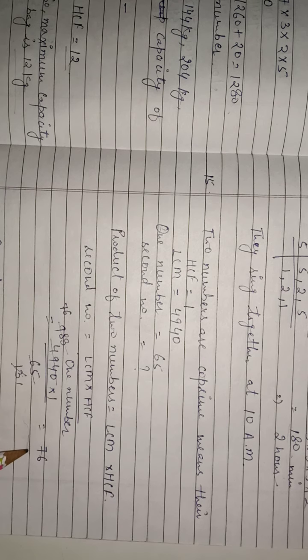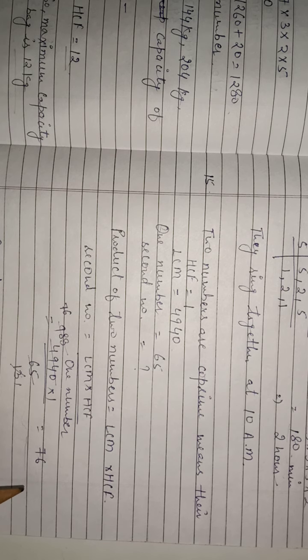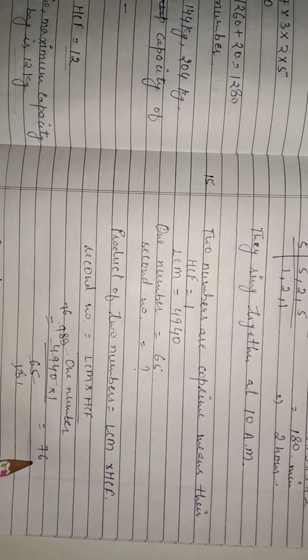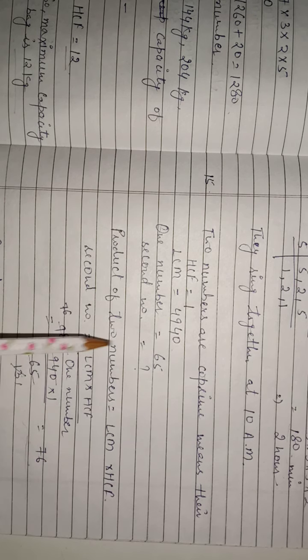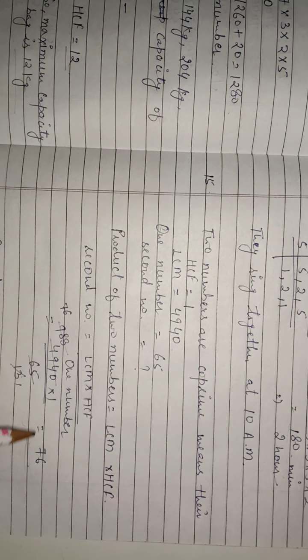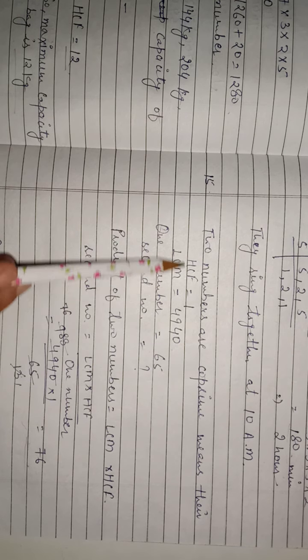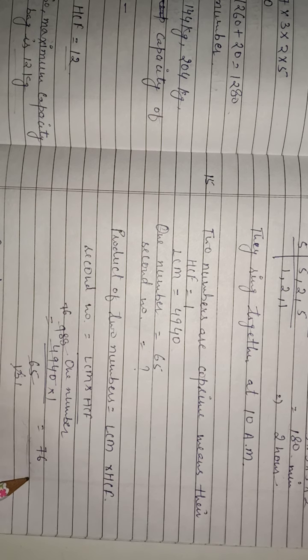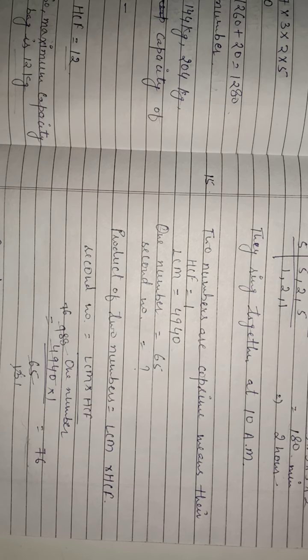After calculating we get 76. So we can say that 76 is the second number and 65 is the first number, and their HCF is 1 also. So we have completed our check your progress now.